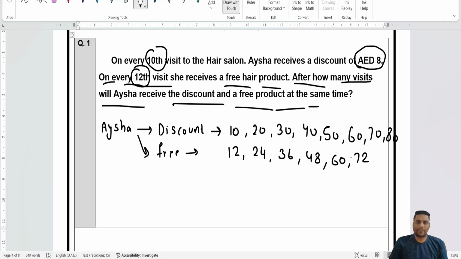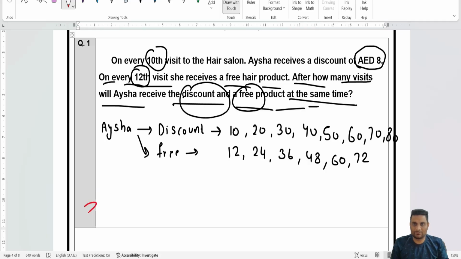Now stop here. They are asking, when will Aisha get both the discount and the free product at the same time? So you check, do I have any common number here in the discount and free item? Check here.